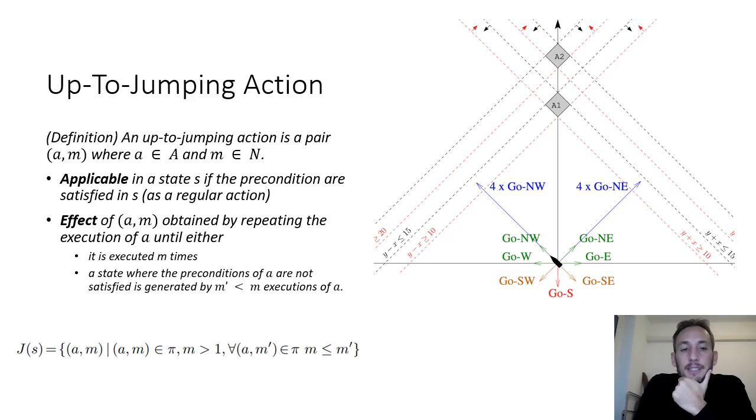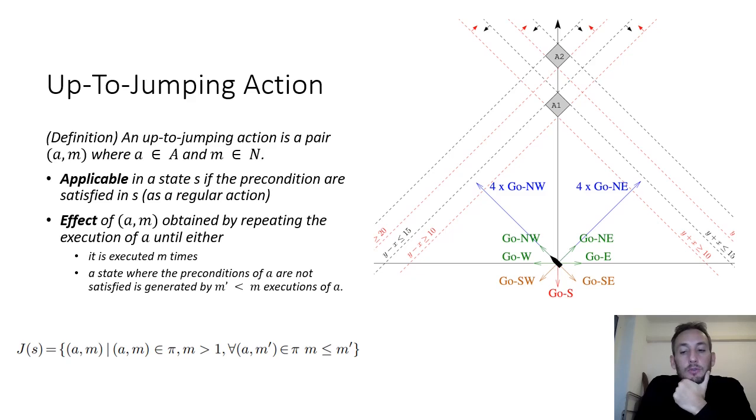Always with the idea of better exploiting the structure of the problem, we define the notion of an up-to jumping action, which is basically a pair: action plus the action counter. These up-to jumping actions are similar to regular actions in that they can be applied when the preconditions are satisfied, but the effect of this up-to jumping action depends on the state in which the action is applied.